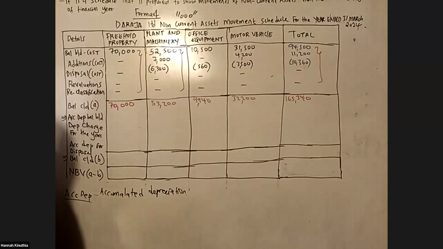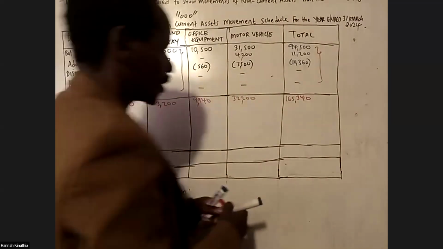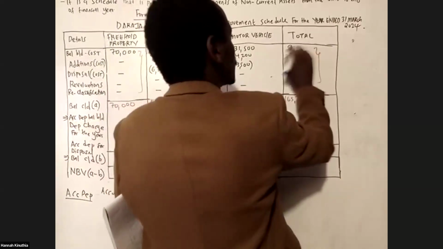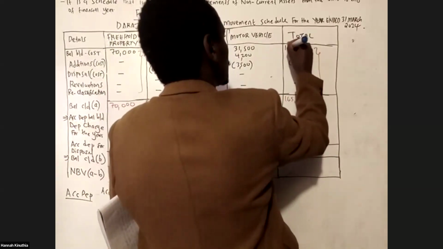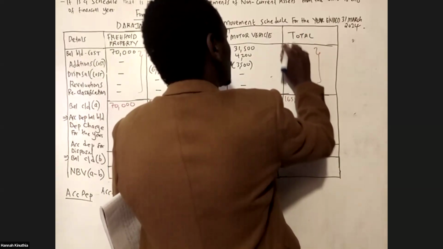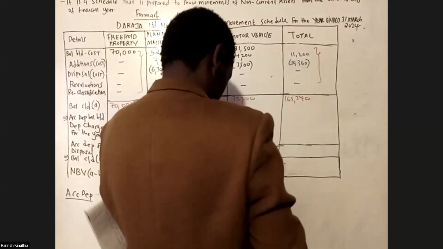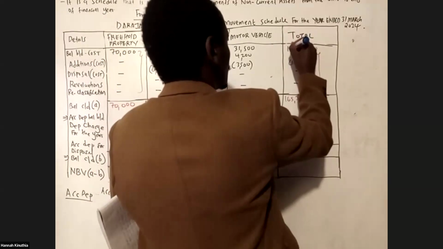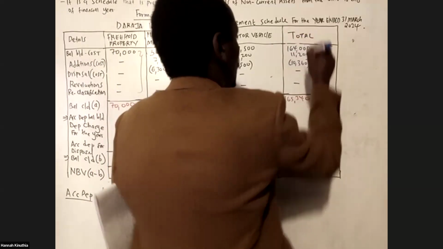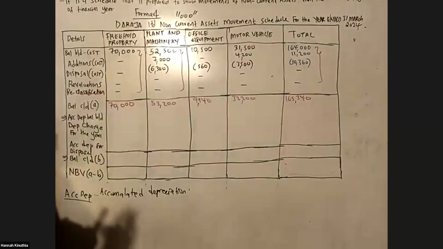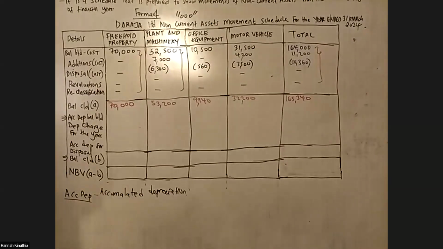Kuna mahali umekosea. Balance brought down at cost totals 164,000. Yeah. So everything that you record them at cost.